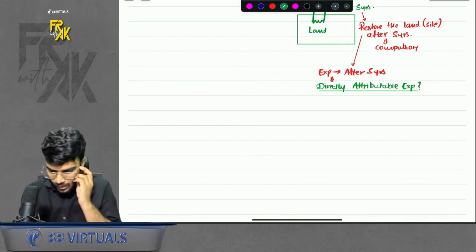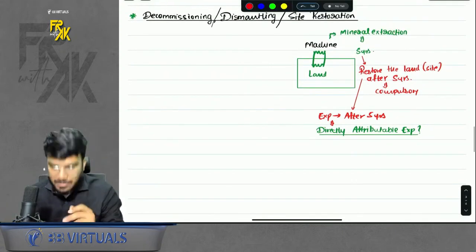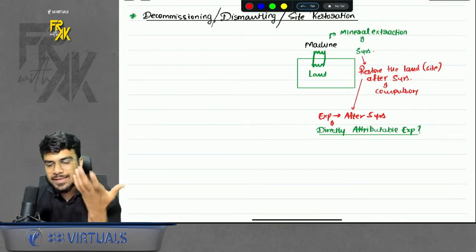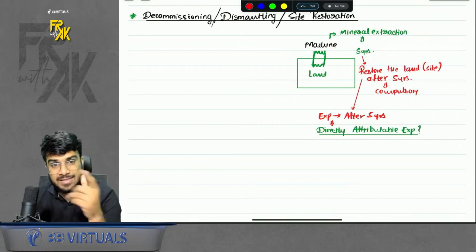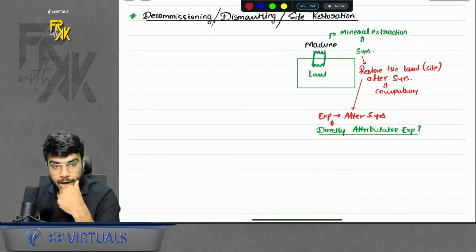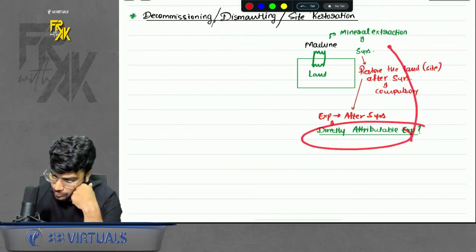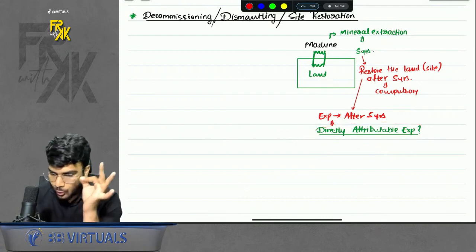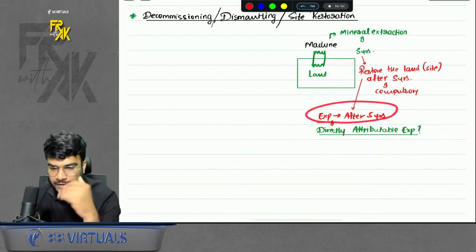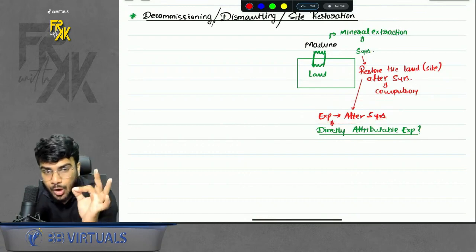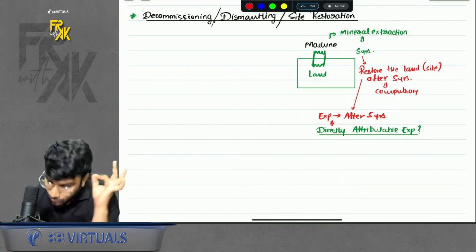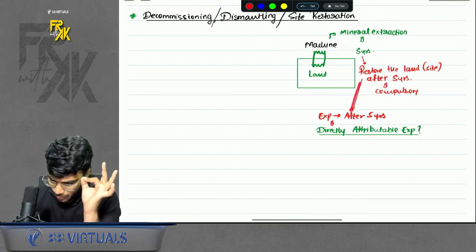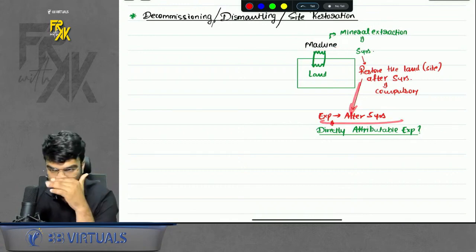Let's try to understand this. Tell me one thing. Is this expense necessary to make the asset ready for use? The answer is yes. You might say no. It is not necessary for making the asset ready for use, but you cannot use the asset if you do not promise to incur this expense after 5 years. You do not have the permission to use the asset if you are not promising to incur this expense after 5 years.